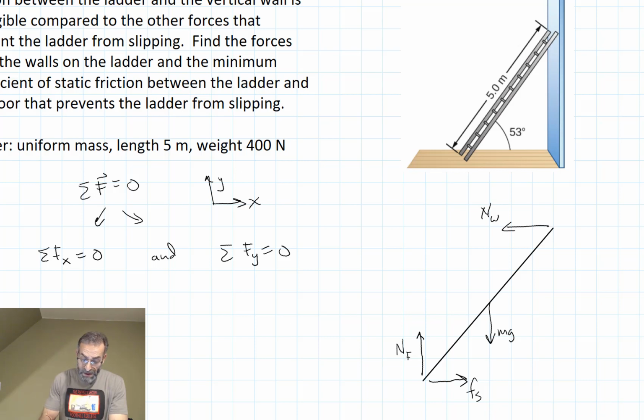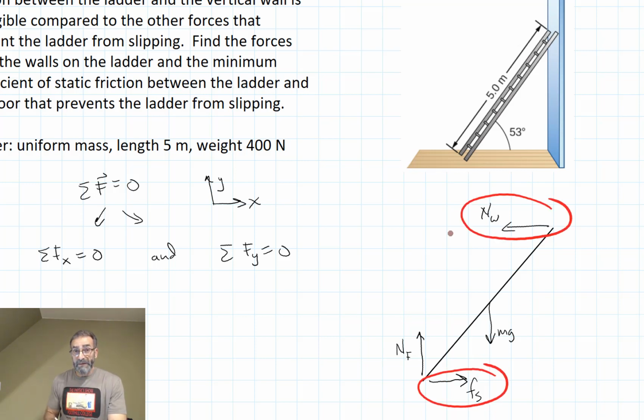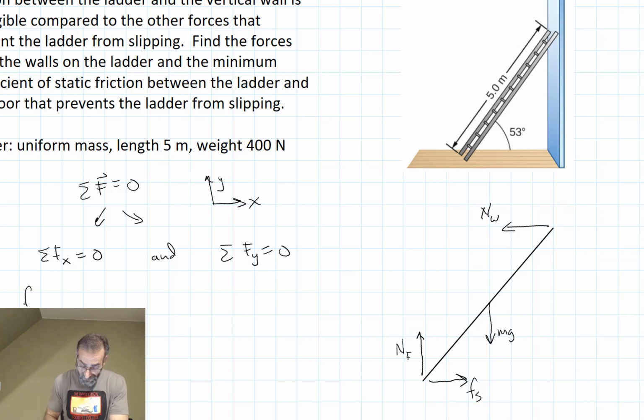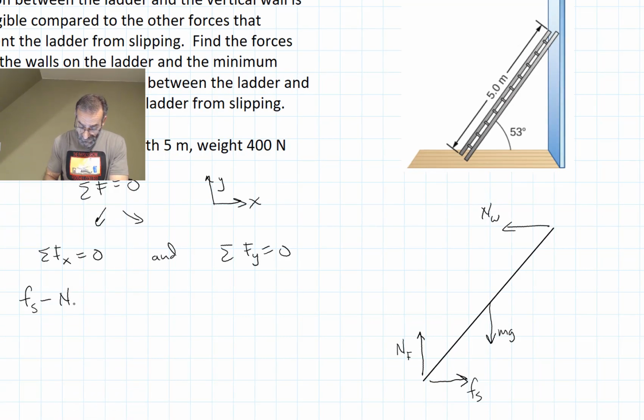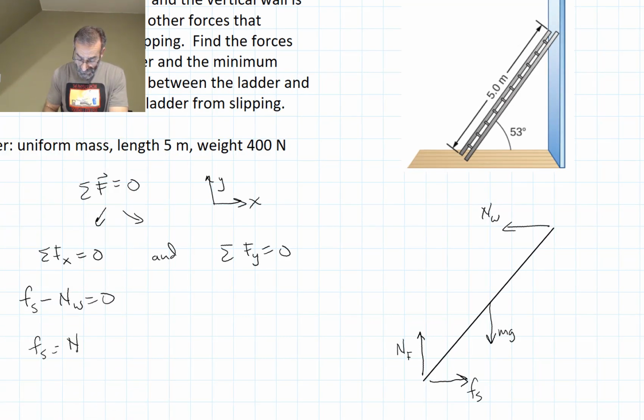I only have two forces in the x direction. The friction force with the ground and the normal force with the wall. So those two forces have to be equal in magnitude and opposite in direction to cancel out.